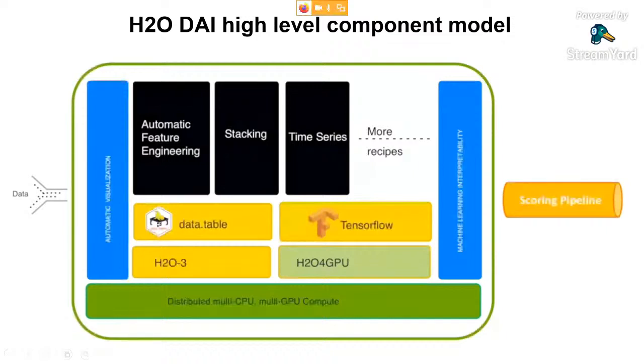In video cameras or whatnot. So that is a high-level component model of Driverless AI. That is well recognized. They've done really well for themselves. Even a small company, 220 employees.